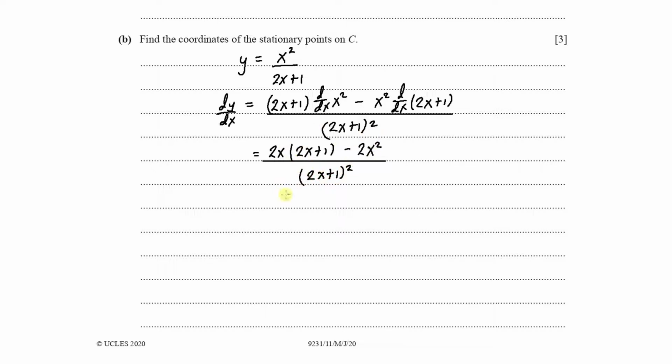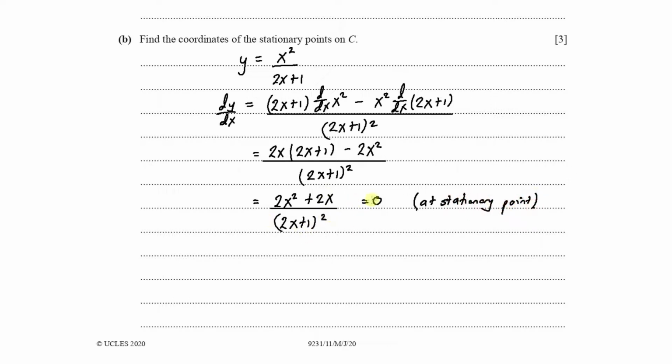Now simplifying the numerator, we have 2x times 2x, that's 4x squared, and minus 2x squared gives us 2x squared here. And then 2x plus 1 times 2 will give us plus 2x, and it's all over 2x plus 1 squared. Now I will equate this to 0, so this is equal to 0 at a stationary point.